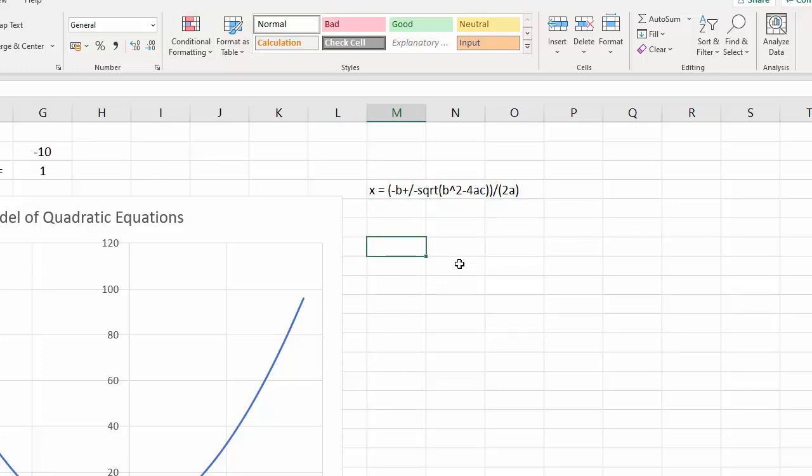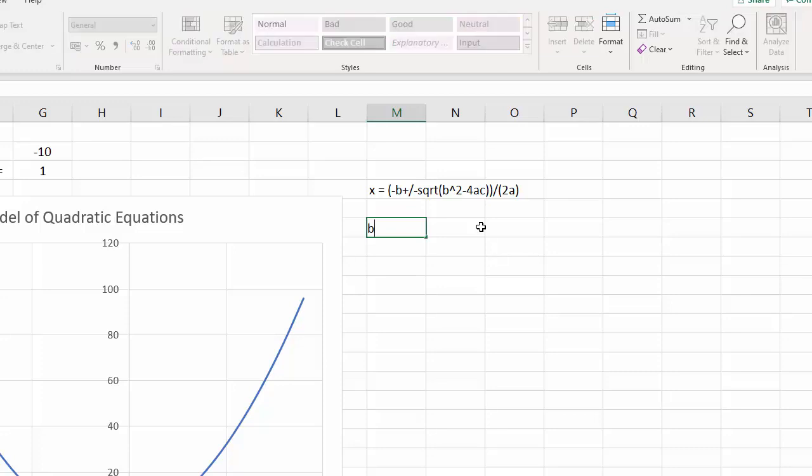Before we calculate the roots of a quadratic, I'd just like to look at the square root term here. We've got b squared minus 4ac. You could argue that there are two separate cases here, but I'm actually going to argue three cases.